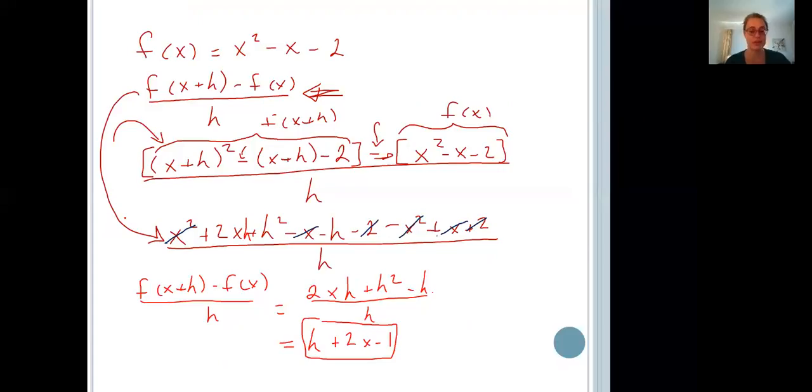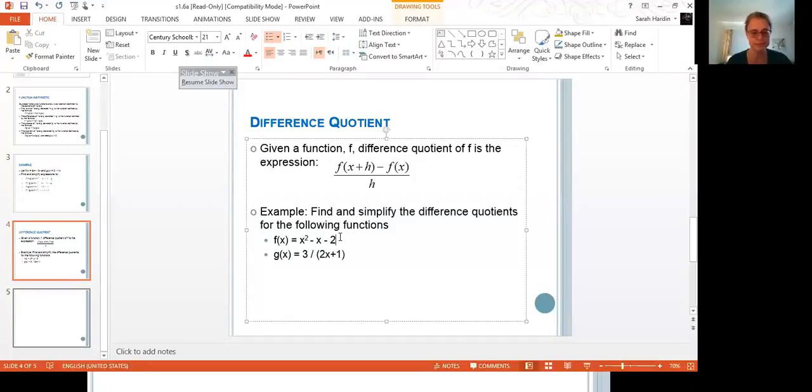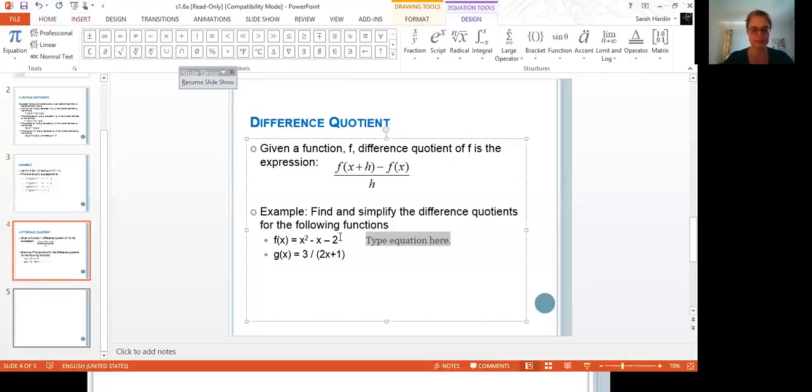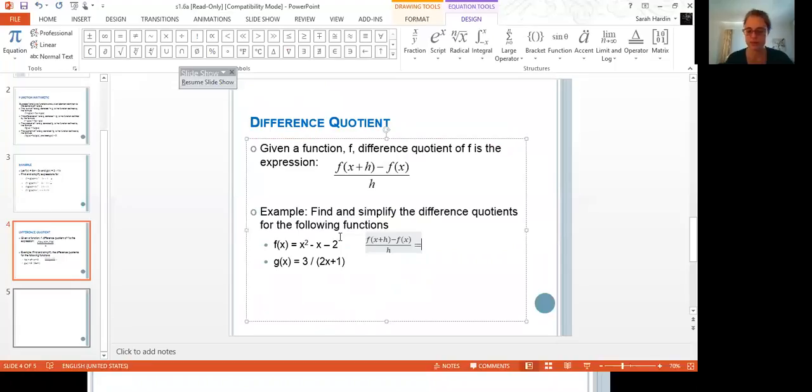Okay. All right. So for this function, f of x plus h minus f of x divided by h, we said was equal to 2x minus 1 plus h.